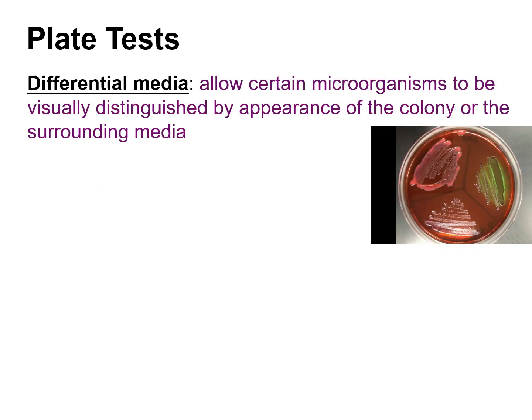So let's talk about the EMB plate first, and let's talk about this term first before we discuss the EMB. Early during the semester, we talked about how we have something called a standard medium, kind of like a nutrient agar. We talked about a selective medium. What is a selective medium?